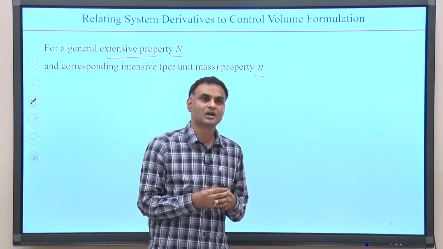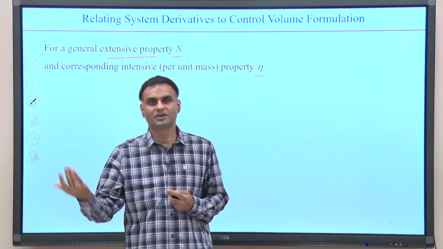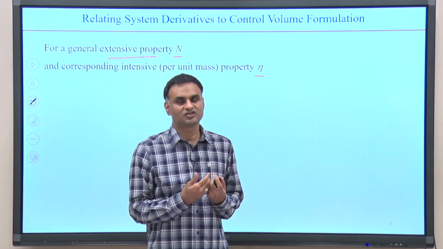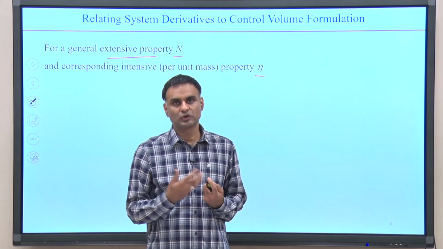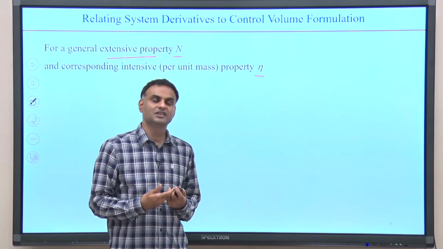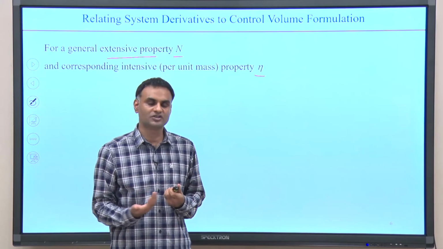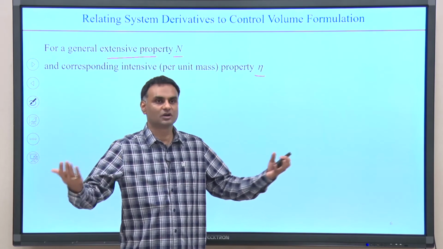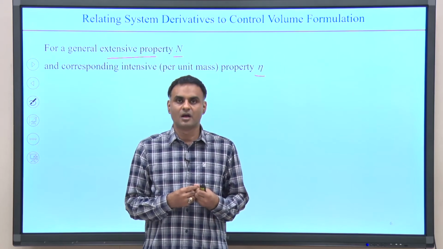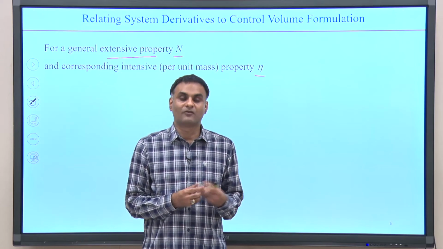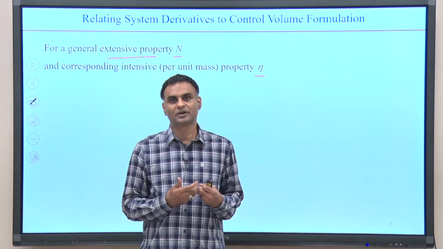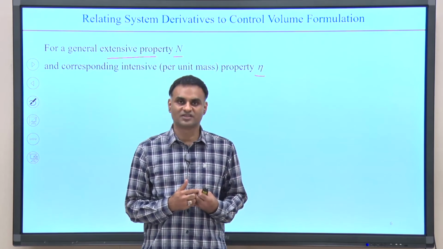For example, the temperature of a system does not depend on the size or the mass of the system. So, temperature is an intensive property. Similarly, density is an intensive property because it does not depend on how much fluid or matter is present, whereas volume and momentum are extensive properties because they depend on the mass of the system.